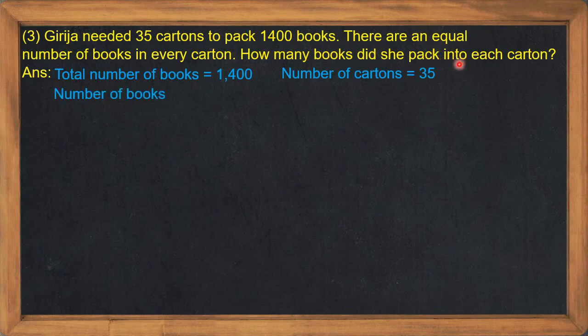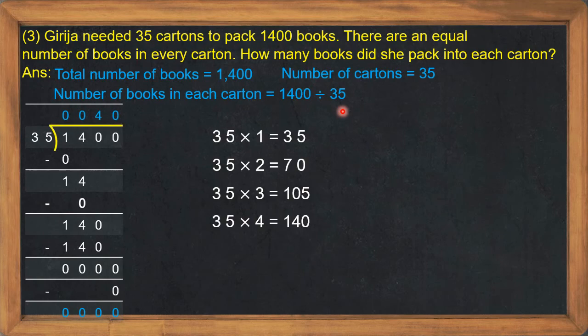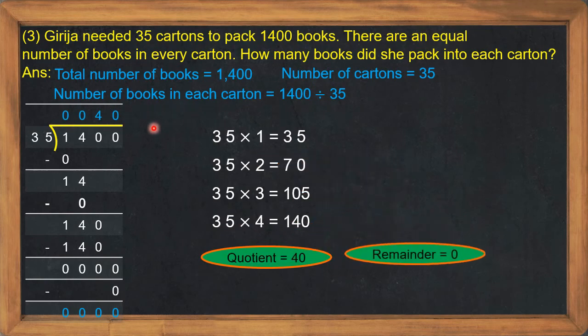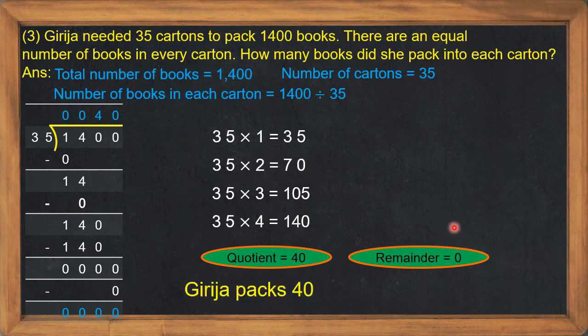So let us divide the total number of books, that is 1,400, by the number of cartons, that is 35, to get the answer. So here we get quotient as 40 and remainder as 0. Therefore, Girija packs 40 books in each carton.